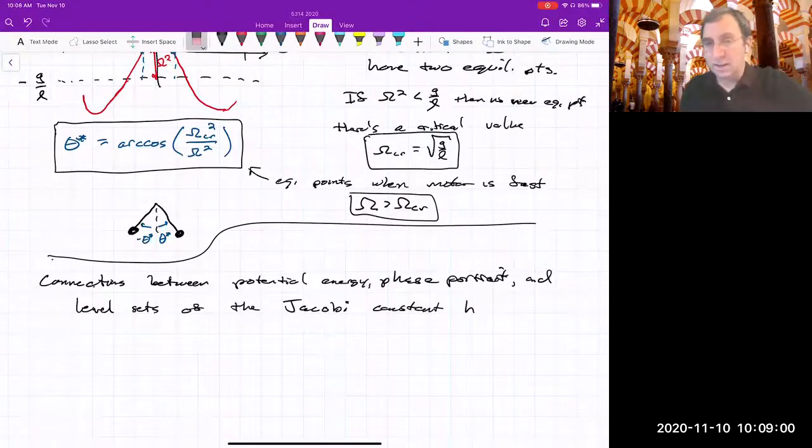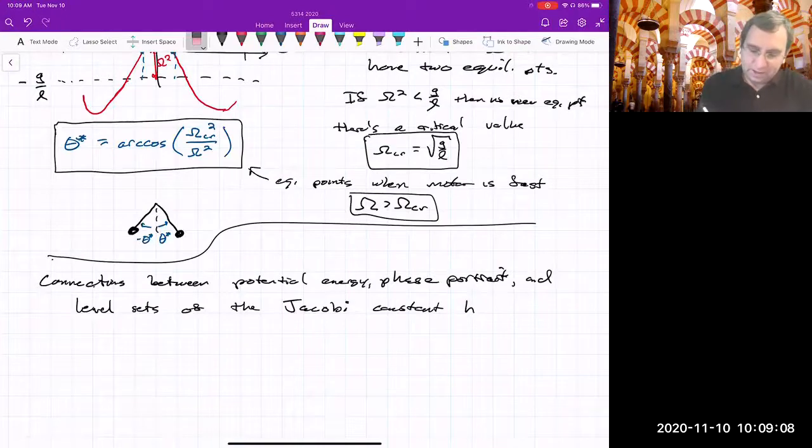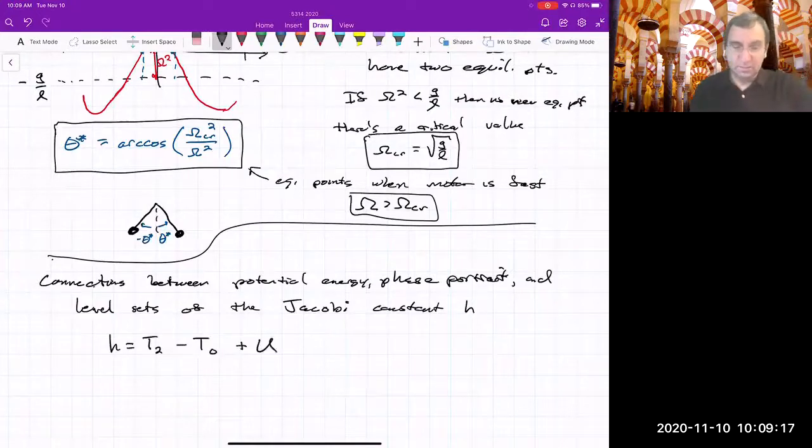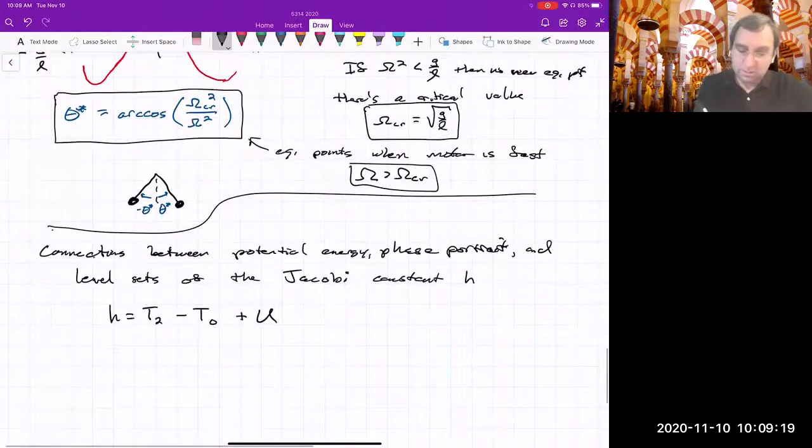I'm calling it the Jacobi constant because this system does satisfy the criteria. At least for our single degree of freedom theta, there's no constraint. So H here equals T2 minus T0 plus the potential energy. And we've written out what all of those are already.